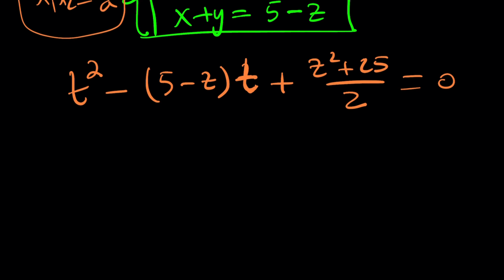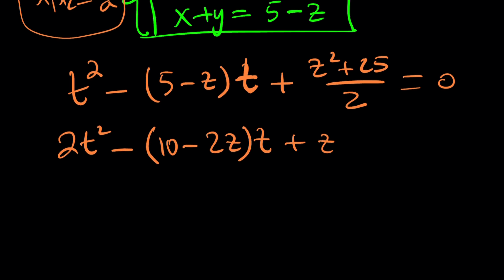And then what I can do is maybe multiply everything by 2 first, because that'll be better. And you can actually negate as well, because I don't like the minus sign. Actually, the minus sign is okay, because b squared minus 4ac might work. 10 minus 2z, okay, fine, I'm not going to touch it. And this will become z squared plus 25.